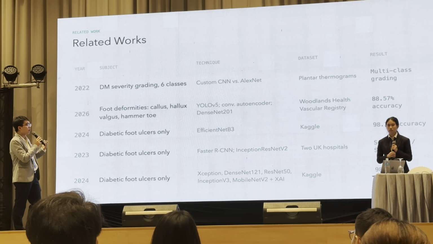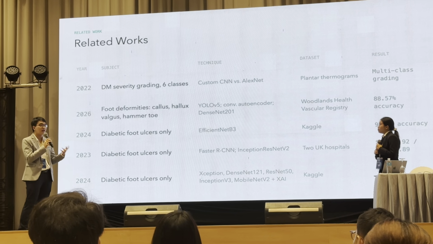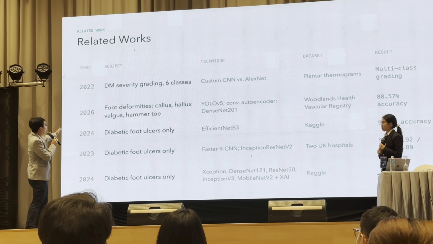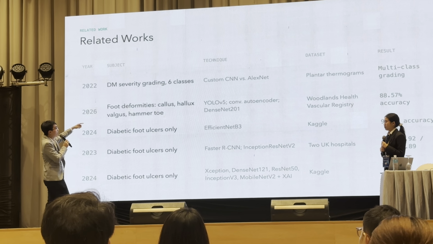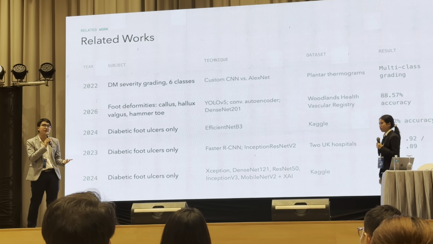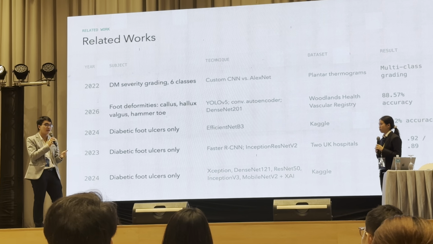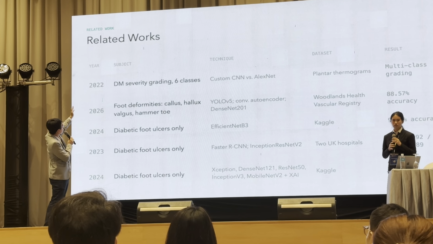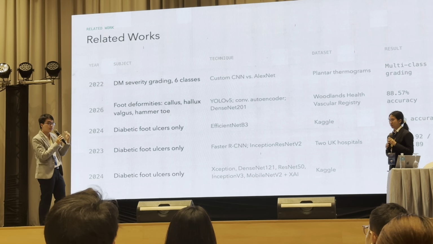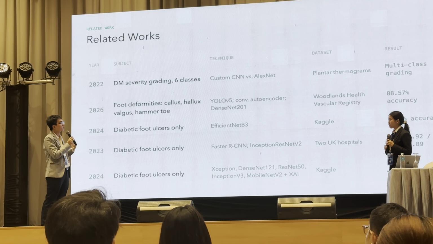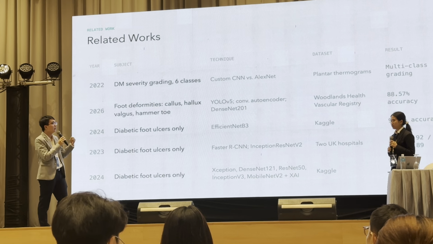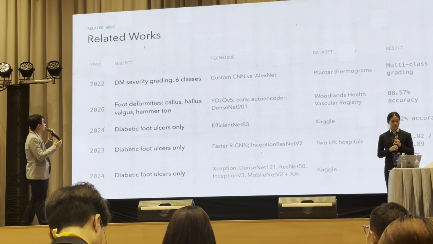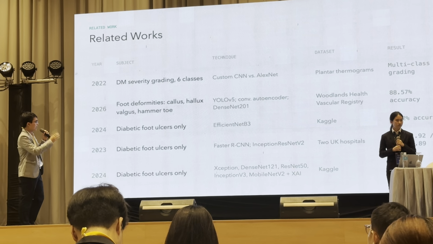However, our paper targets callus data sets, of which there are much fewer. For example, this one in 2026 has callus but does not include the ulcer scale and the normal scale, whereas this one in 2022 has thermograms instead of photo imaging and clinical photographs, which leads us to our classes.